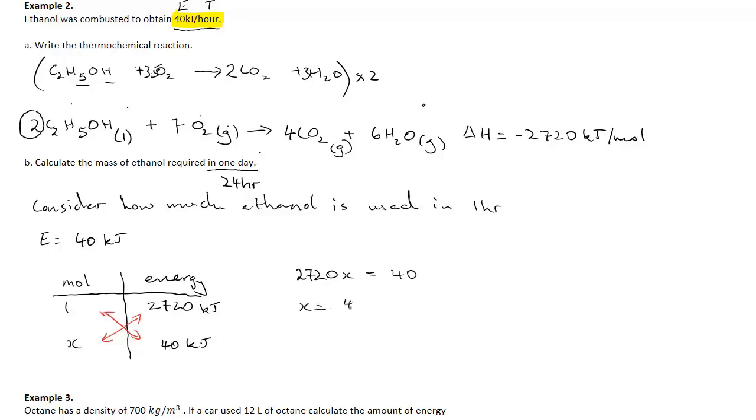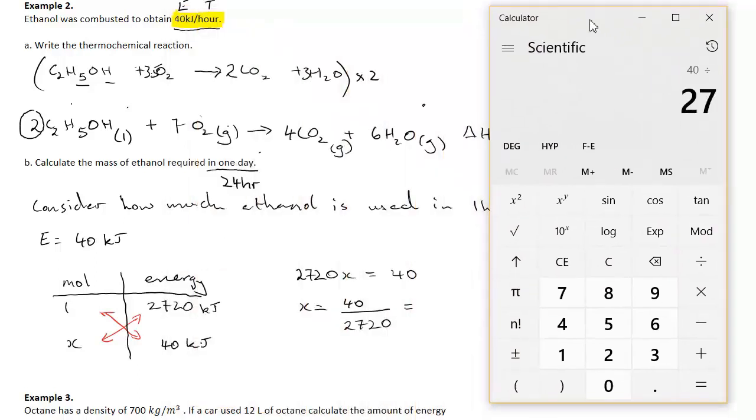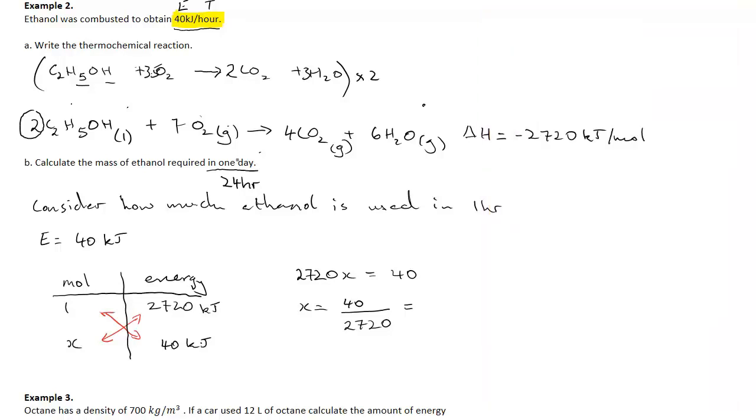So x equals 40 divided by 2,720, which we can do on our calculator. That gives 0.0147 mole. Okay, so that's the mole of ethanol.